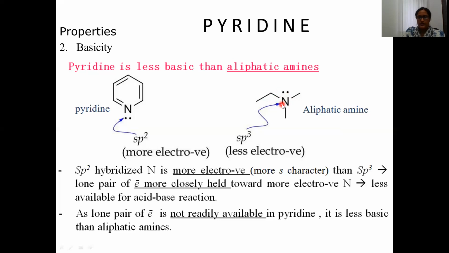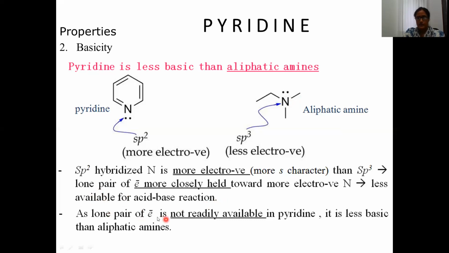Due to being less electronegative, the electrons are not held closely, whereas in the more electronegative nitrogen they are held tightly. So the lone pair of the more electronegative nitrogen is not readily available for the acid-base reaction.